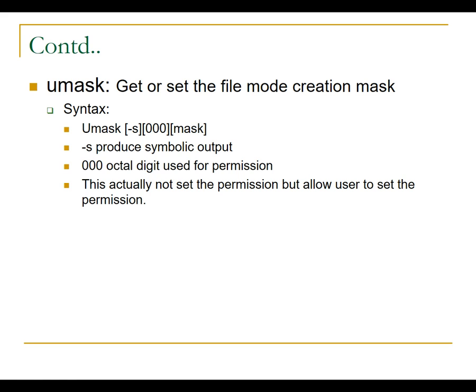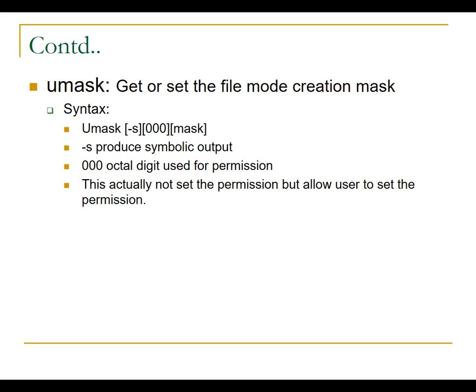The syntax of umask is as given below, where u is a small u, umask, then in brackets -S is one of the parameters, then the symbolic representation, and then we have to give the mask. Now -S produces the symbolic output. 000 is an octal digit used for the permission, and this command allows the user to set the permission.